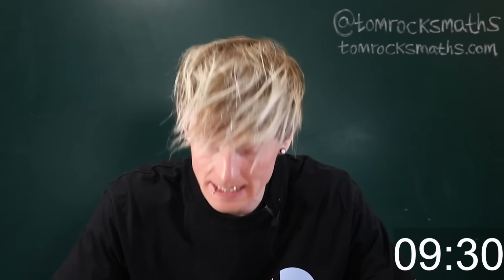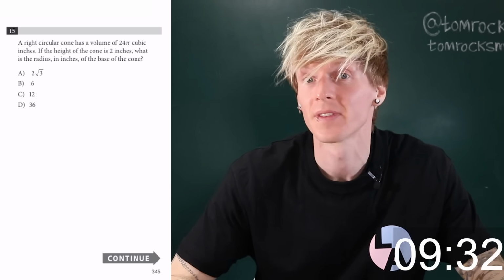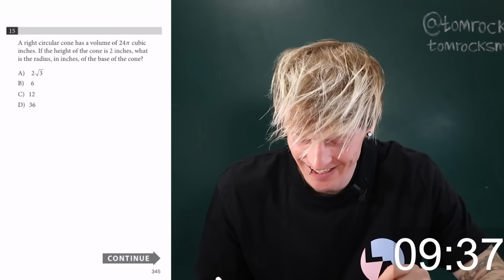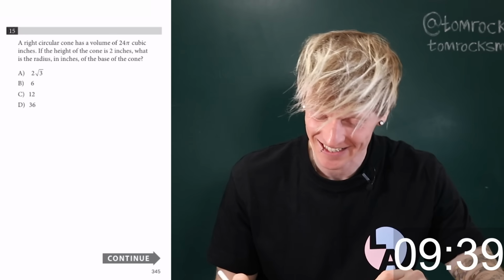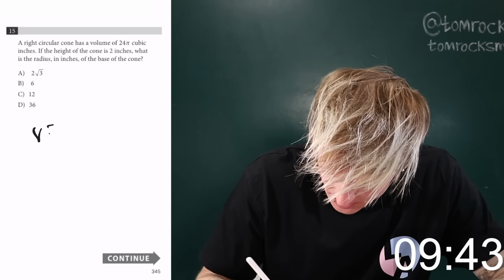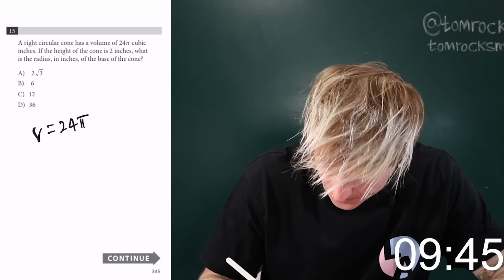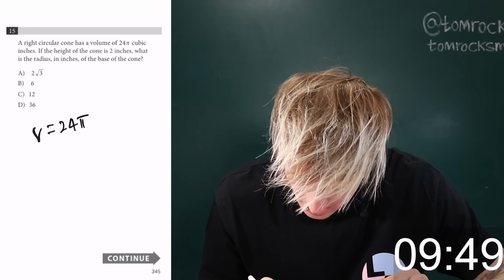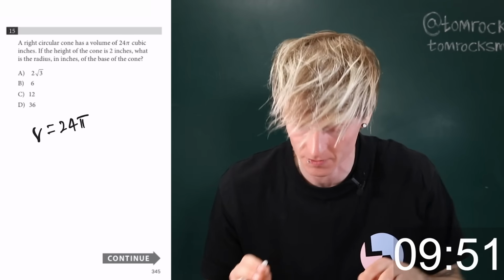Okay, and then 15, a right circular cone. Oh, 15 is nothing to do with insects. It's just on the same page, but it did tell me that, right? I was like, what's a cone got to do with insects? A right circular cone has a volume V of 24 pi. I think I was given the formula for this. The height of the cone is 2 inches. What is the radius? So let's go check the formula.